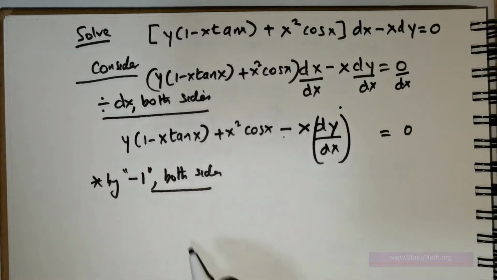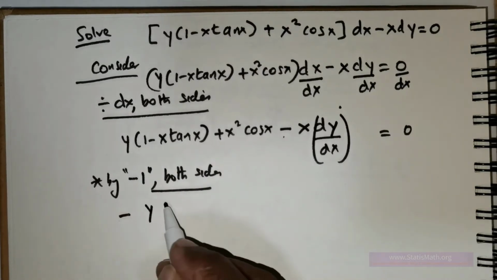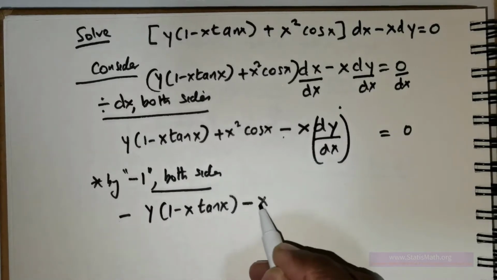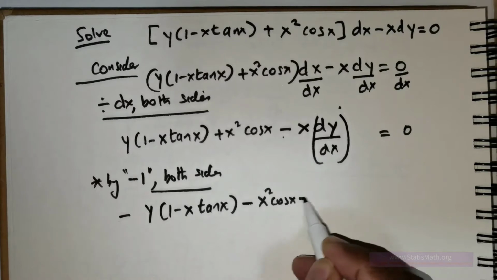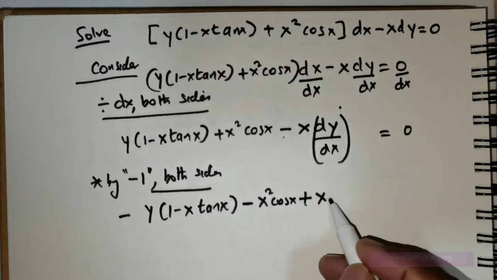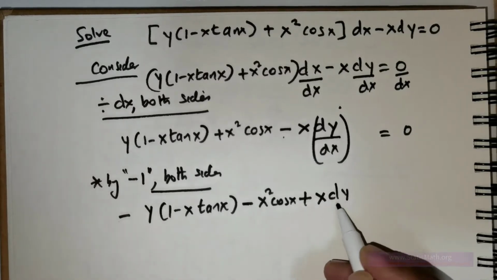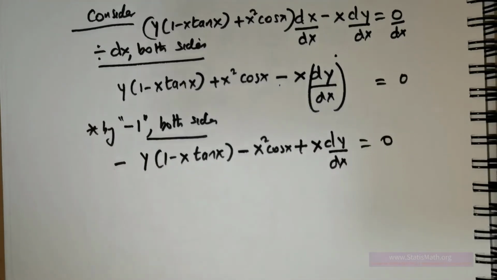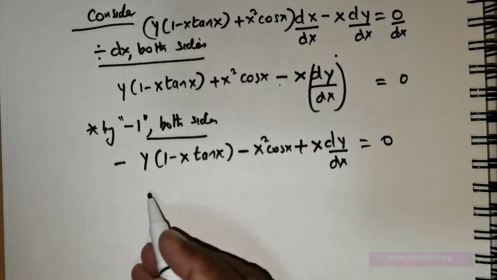Now when you do that, you would get negative of y times (1 − x times tan x) − x squared times cos x + x times dy over dx is equal to 0. This is what you would get. Now I want to write this first.